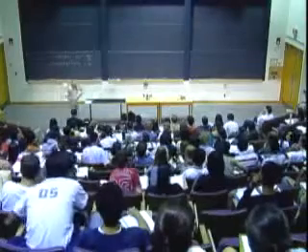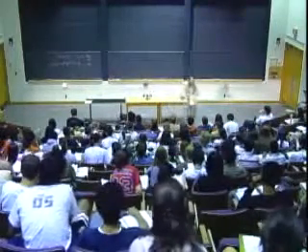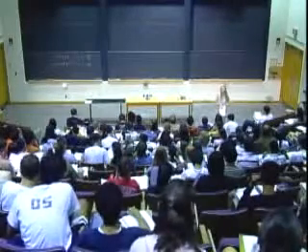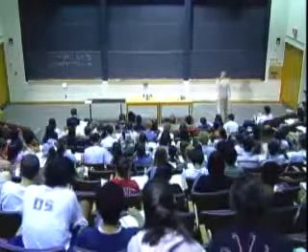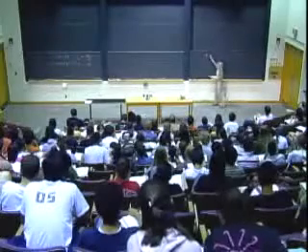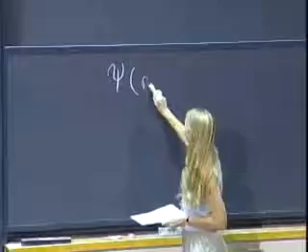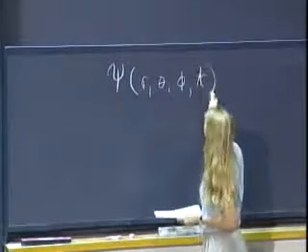Okay, well, today what we're going to do is solve this equation, and look at the results of solving this equation for the wave function psi. Now, psi, in general here, is a function of r, theta, phi, and also time.